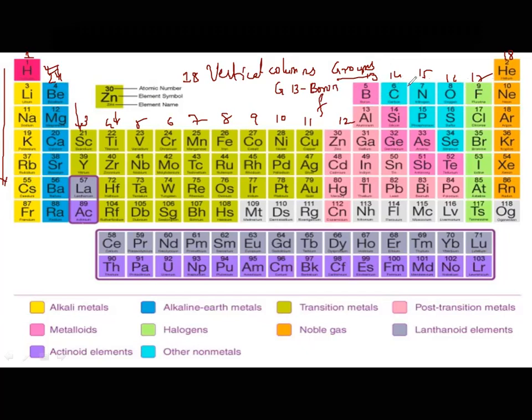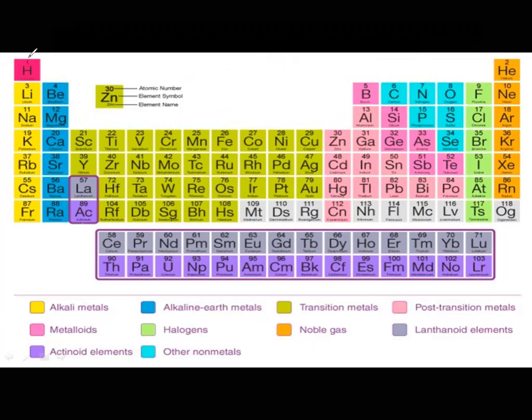So the elements present in a group are separated by definite gaps, that is our magic numbers. What are the definite gaps then? See here. Hydrogen 1, helium 2. So after 2 elements, lithium is there. Sodium is separated after 8 elements.